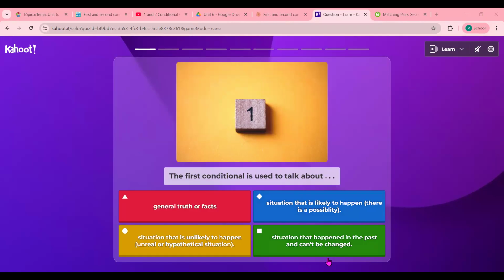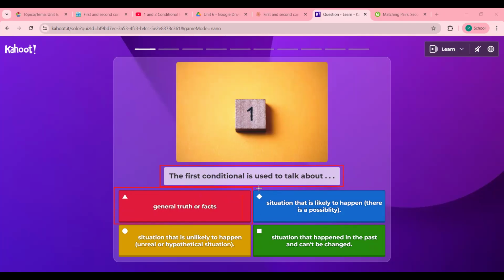My dear Deborah Marcela, can you hear me? Yes, teacher. Could you read, my dear Deborah? The first conditional is used to talk about... What is the function of the first conditional?